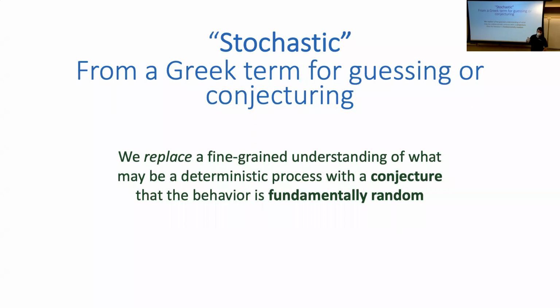They were afraid that when they published models that had randomness in them, people would say, wait, you're modeling a system that's not random. Why are you putting randomness in it? And they said, well, we're going to make the guess or the conjecture that this system is random. Even if we know it's not random, we can build a good enough model where the system is random.